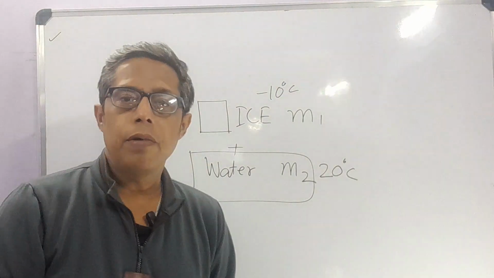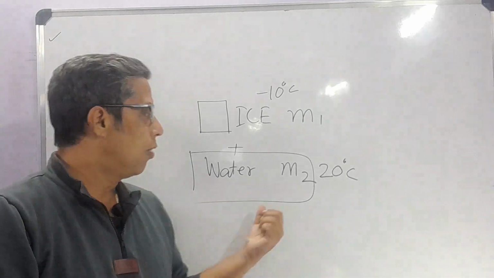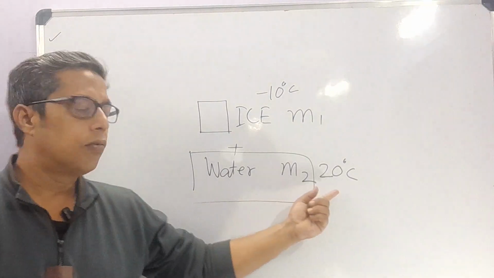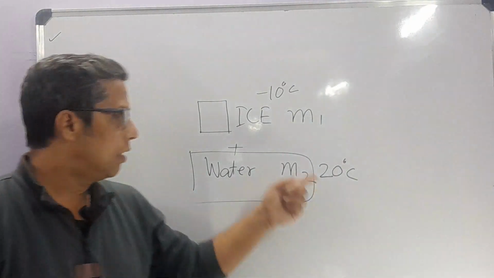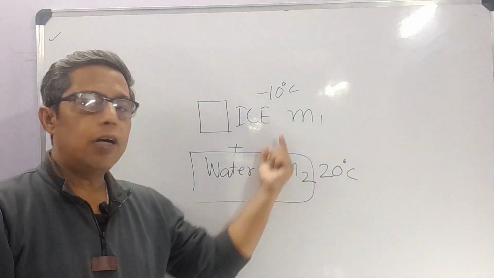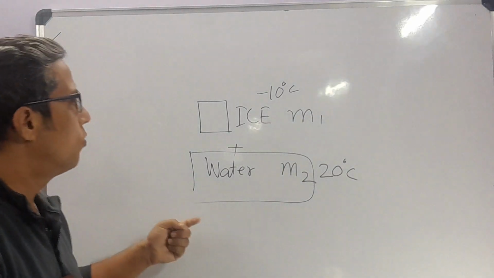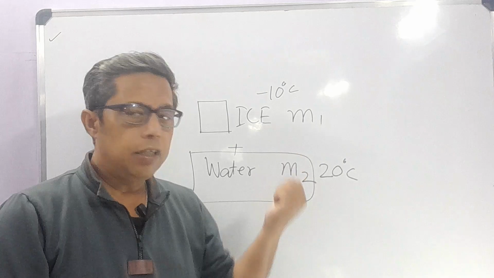Now what is going to happen? Ice is going to take heat from water. The water temperature is 20 degrees centigrade, so there is a high temperature and a low temperature, and heat will flow from water to ice. Water will be releasing the heat and ice will be accepting the heat.